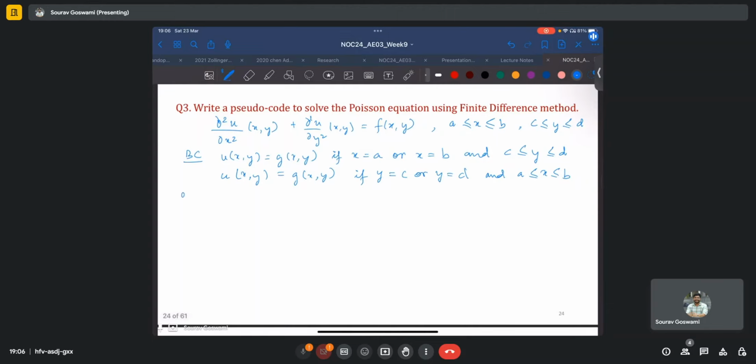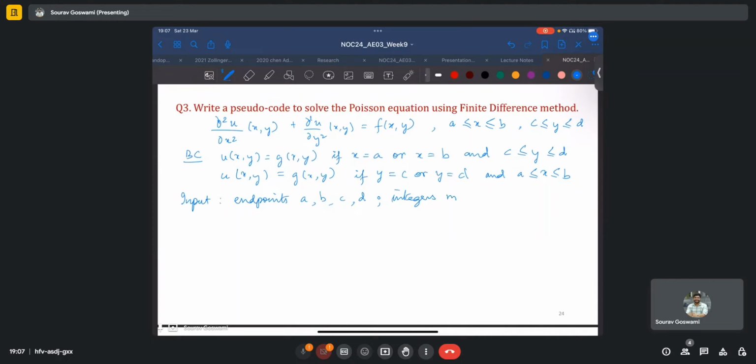First, the inputs. These would be the domain endpoints, A, B, C, and D. Also, we would like to know how many parts we want to divide the domain into. So how many divisions for the x-axis, how many divisions for the y-axis.